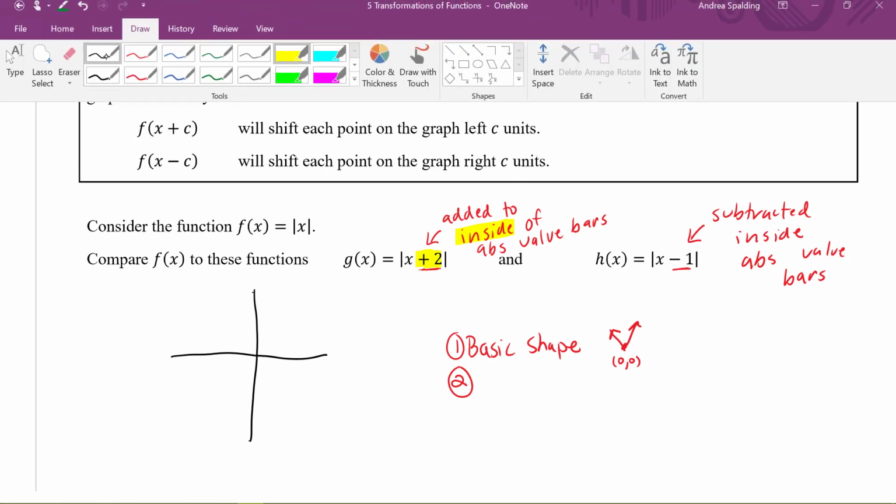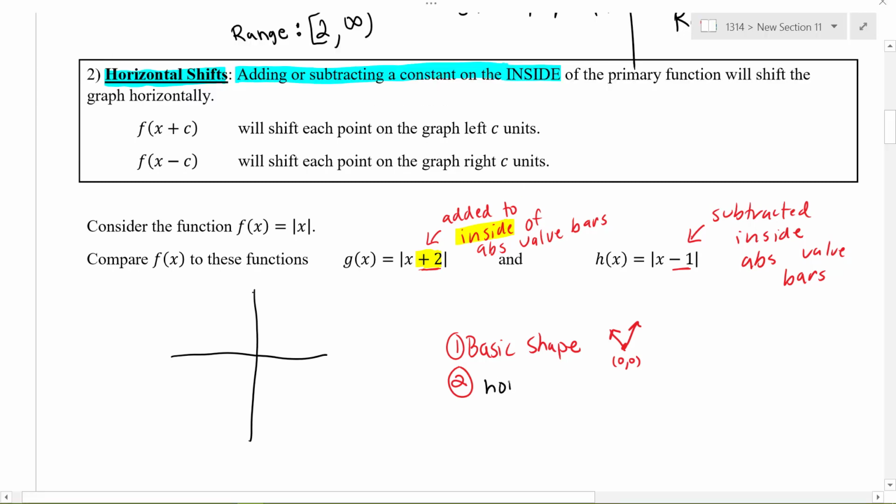If we add a 2 on the inside, then that means that we have a horizontal shift. And since we see plus 2, then we know we're going to move to the left 2 units. Okay, we always start at the origin, so we always start at the very middle at 0, 0.